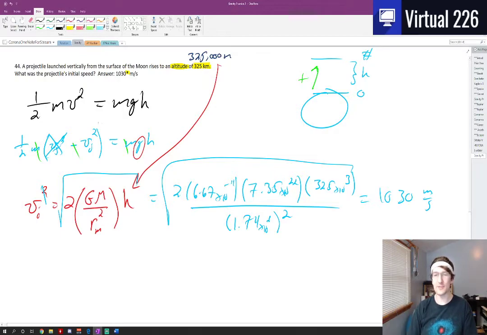The reason why this is wrong is entirely due to this little g right here, which they have said is GM over r squared. Now there's nothing wrong with that equation, except what they are assuming in this problem is that the amount of gravity you have at the surface of the moon is equivalent to the amount of gravity all the way out here at the edge, wherever we are finishing this problem, at 325,000 meters in elevation.